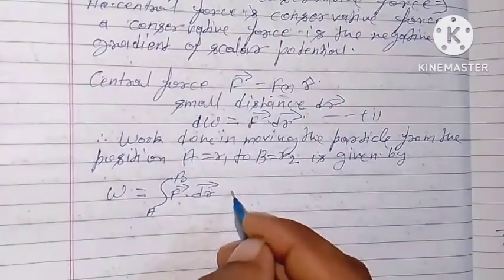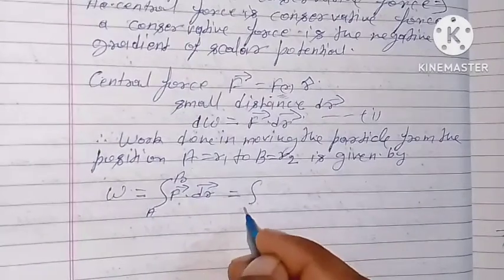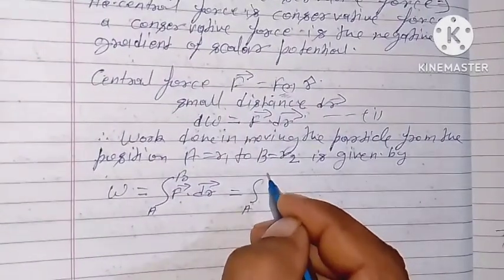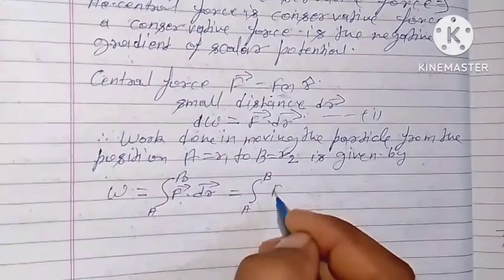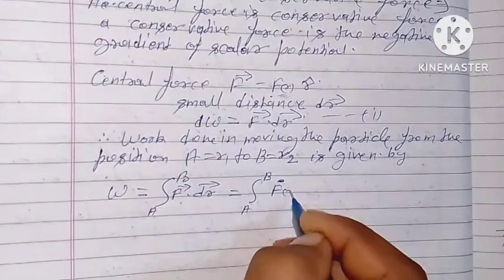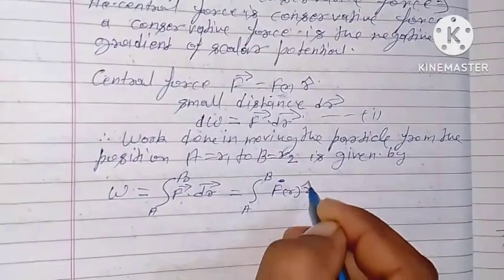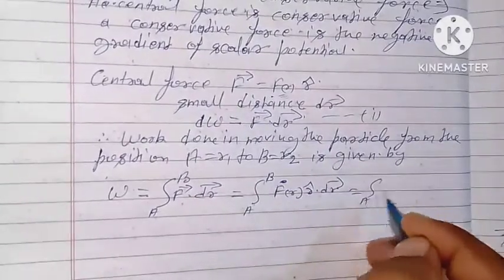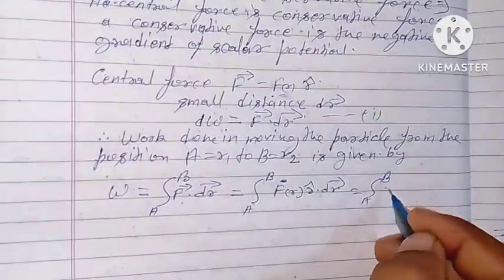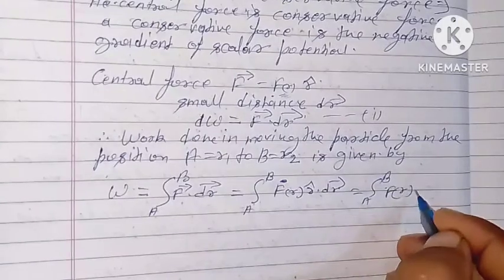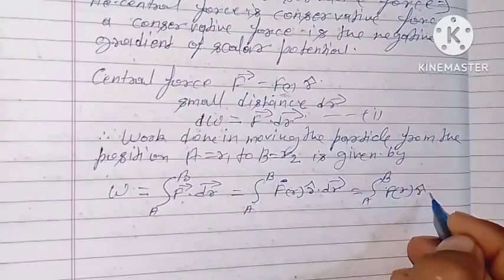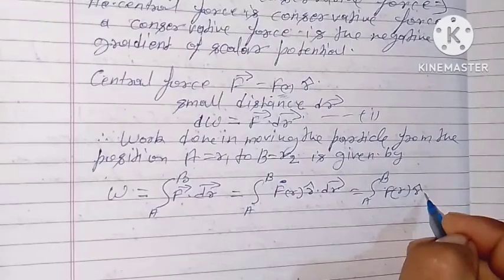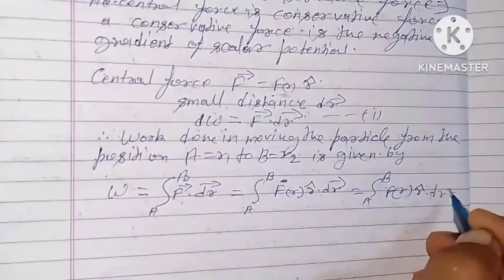Integration from A to B of vector F dot dr vector equal to the integration from A to B of F(r) unit vector r dot dr unit vector r.